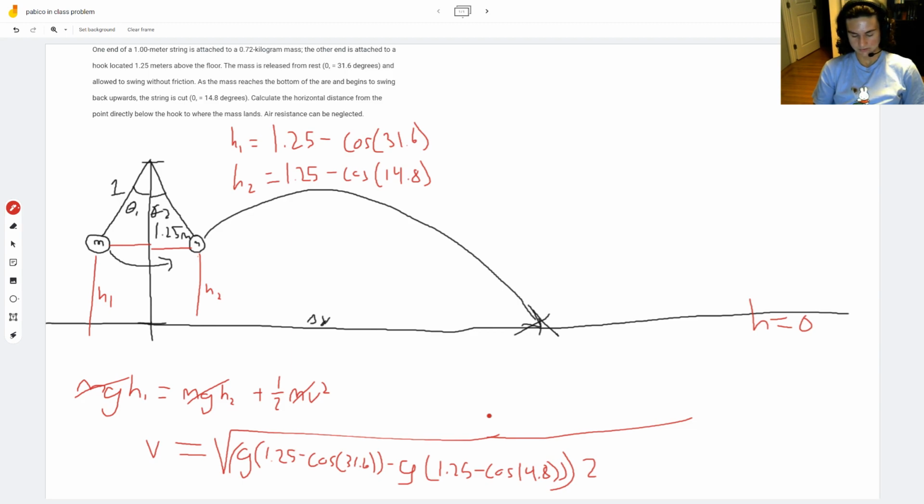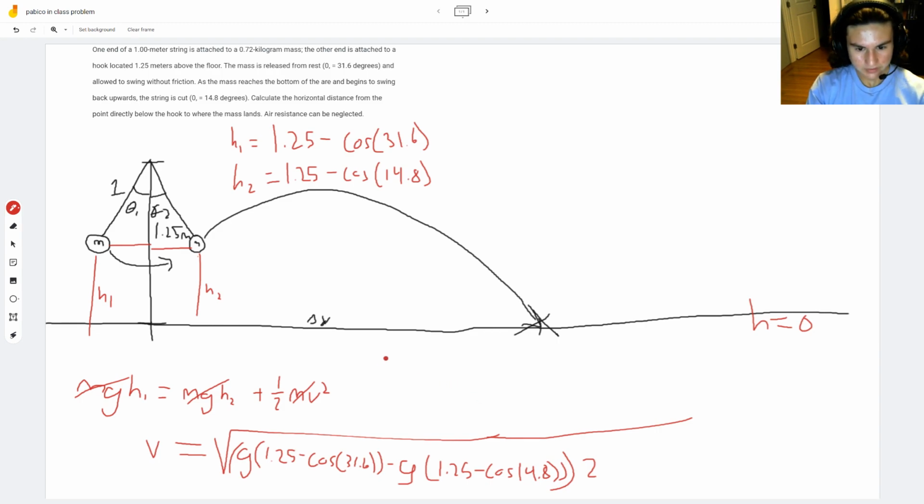Oops, I put 1.2 instead of 1.25. Okay, you know what, I'm going to just do this again. 1.25 minus cosine 31.6. And then minus 9.8 times 1.25 minus cosine 14.8. Yeah, that's enough parentheses. And then times 2, and then square root.